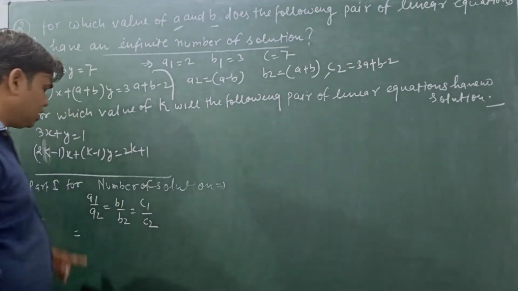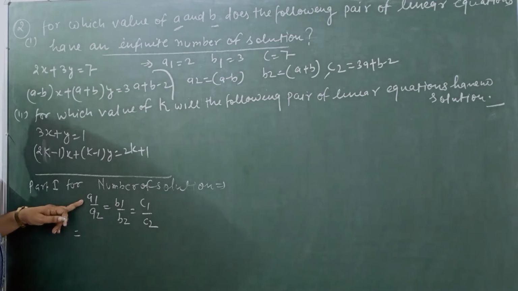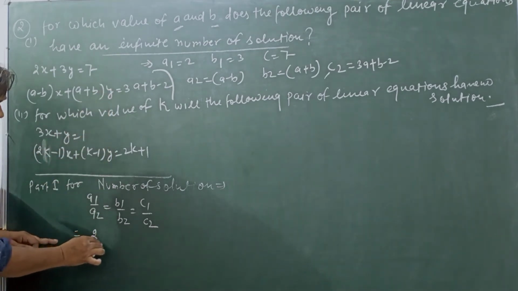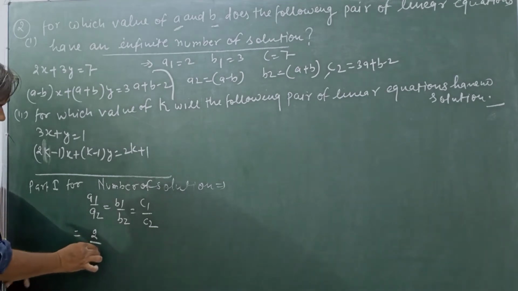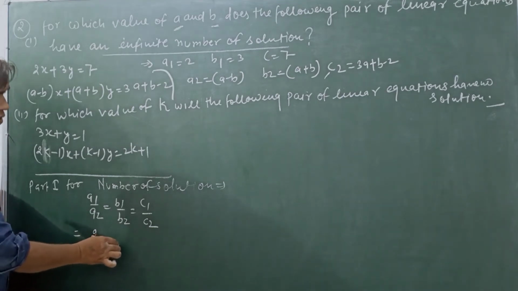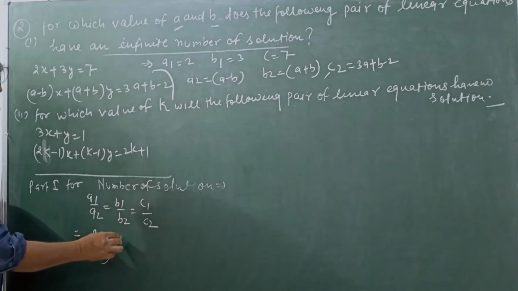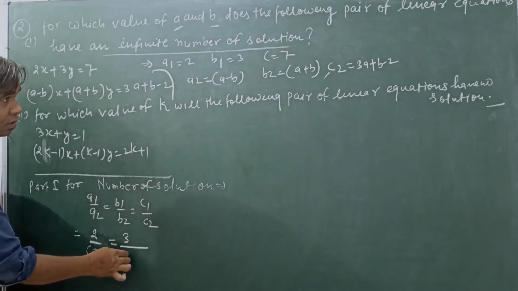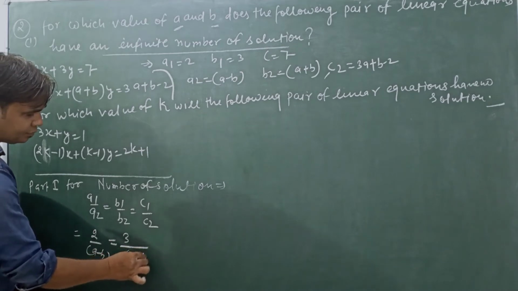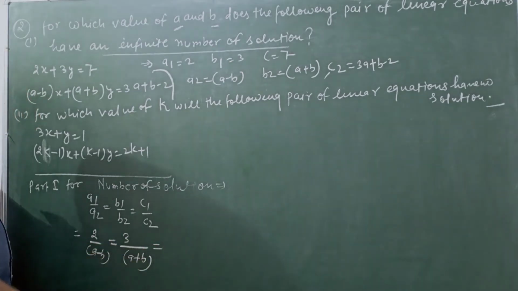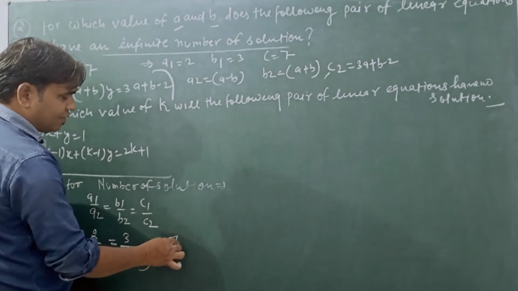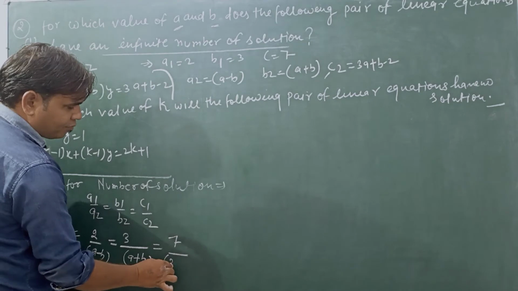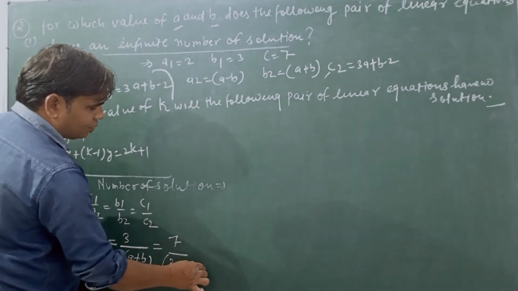So here, students, a1 is 2 over a2 which is a minus b, equal to b1 which is 3 over b2 which is a plus b, and c1 which is 7 over c2 which is 3a plus b minus 2.